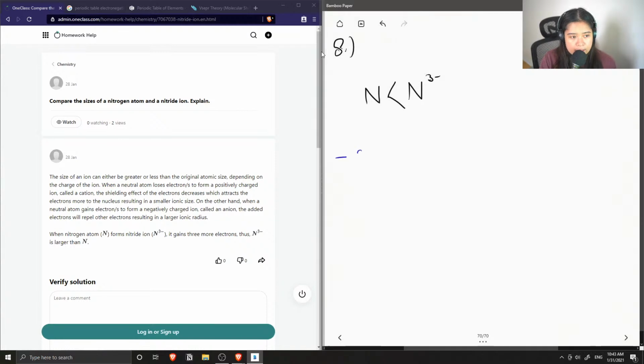So since N3 minus gained an extra 3 electrons, and we know this because it has a 3 minus charge, and electrons have a charge of -1, so it gained an extra 3 electrons.